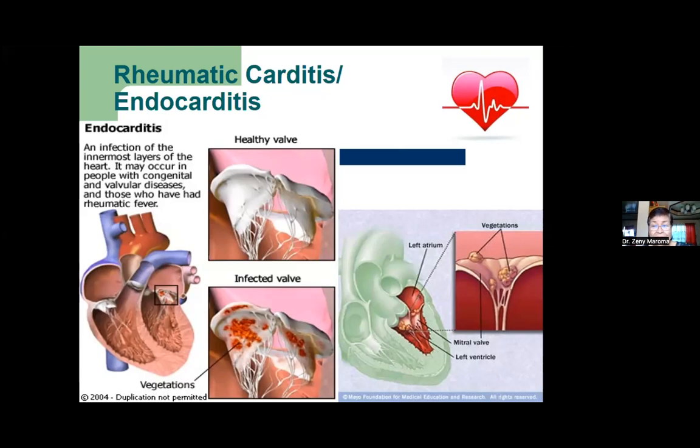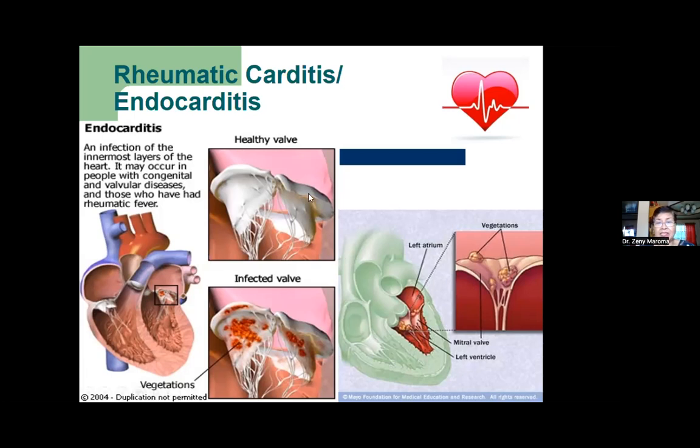Nagkaroon ng upper respiratory tract infection, nagkaroon ng RHD, nagkaroon ng valvulitis. In some individuals, no, bata, it is congenital. Pero this time, nirelate natin na ang pasyente nagkaroon ng upper respiratory tract infection at nagkaroon ng RHD, nagkaroon ng endocarditis and valvular defect, that is acquired valvular defect.